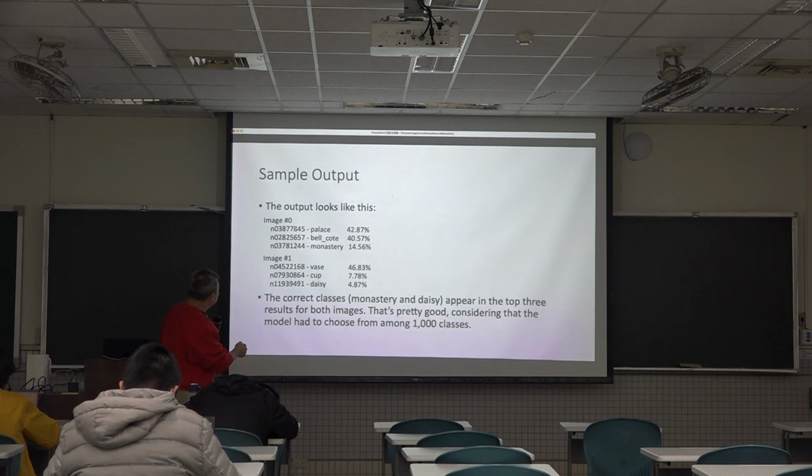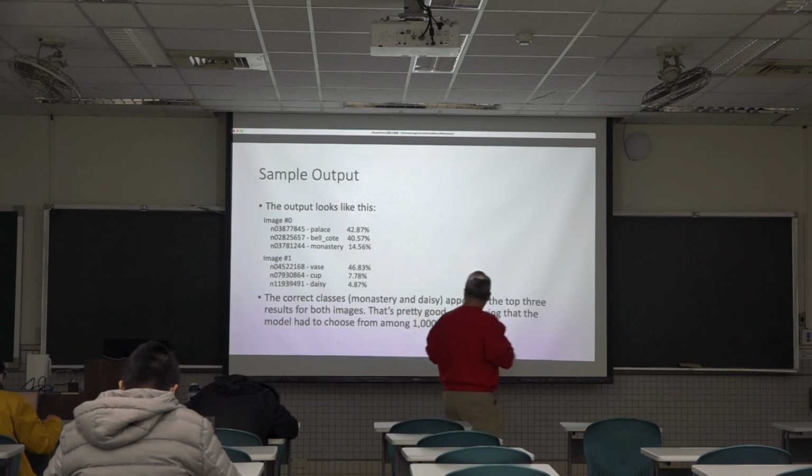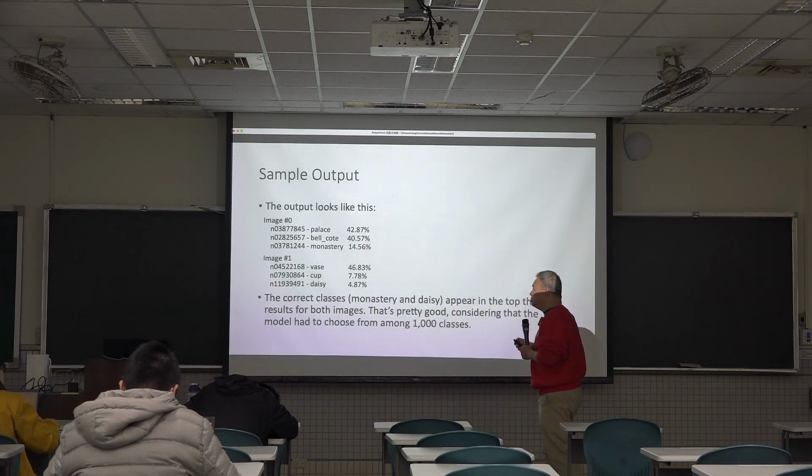Image 0, the top 3 will be Palace, Bell Coat, Monastery. Image 1 is going to be Vase, Cup, Daisy, something like that. For image 0 and image 1, the correct classes will be Monastery and Daisy. So you can see that these two classes both appear in the top 3 of these two images.